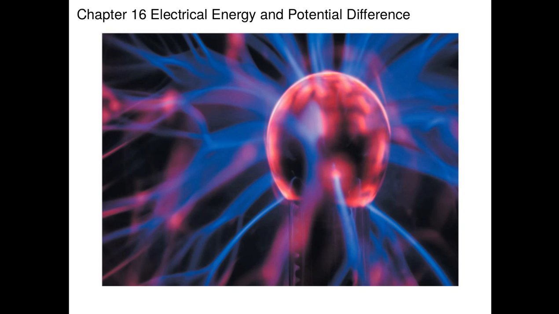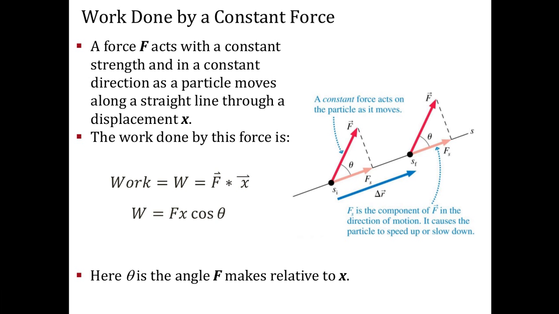But in reality, if you have a charged particle that's undergoing a force due to another particle, its energy is changing, right? It's going to undergo a displacement, and that means that other agent that's applying a force is doing work, right?